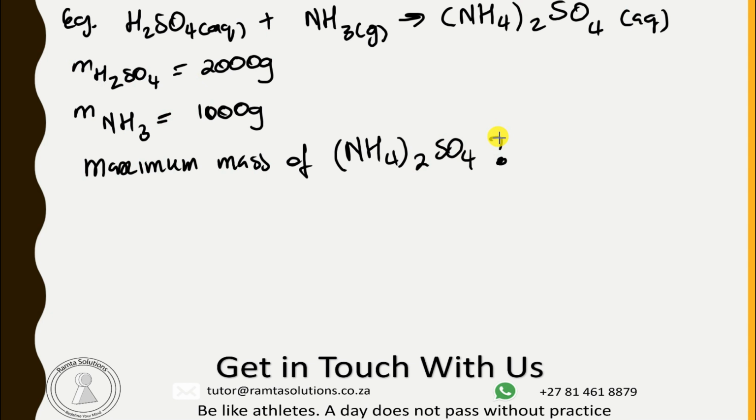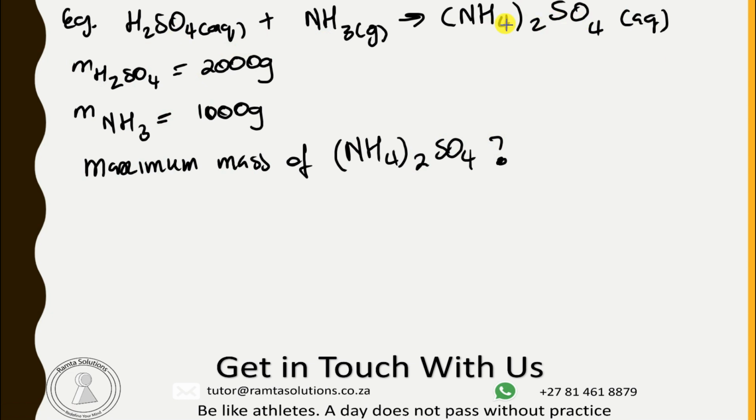So before we proceed, I want you to see this. You have the quantities of both reactants. We are not sure if these quantities are in stoichiometric proportion, right? So let's see first and foremost if our reaction is balanced. H2SO4, I see the SO4s are balanced.